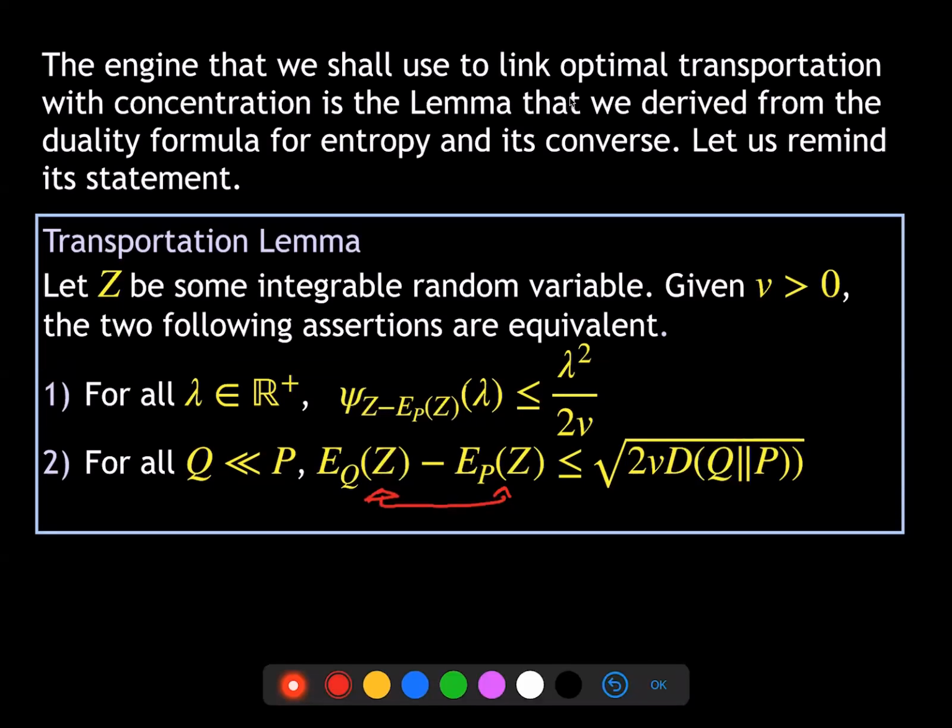So the optimization that we have done is not performed through q, it's performed through the coupling between p and q.